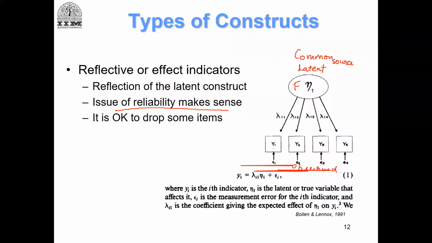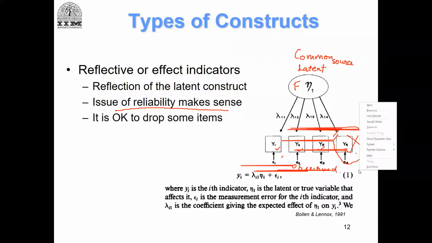Also, because there are these four items which are all co-varying, if I were to drop this item, it is possible to drop it and retain only y1, y2 and y3, but drop y4.